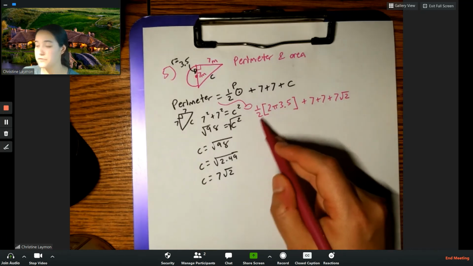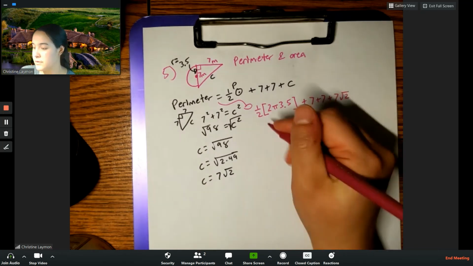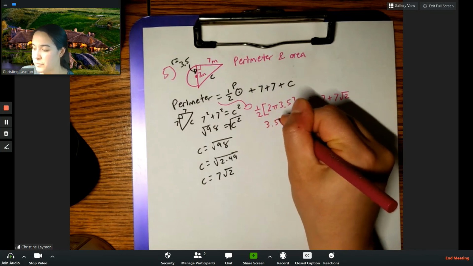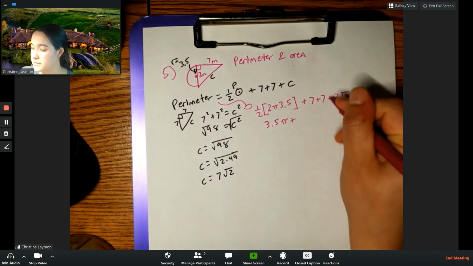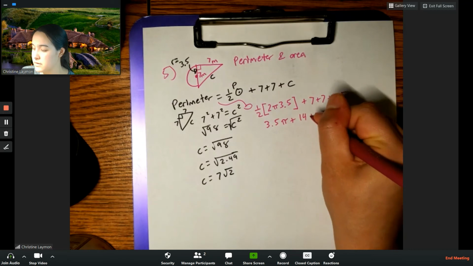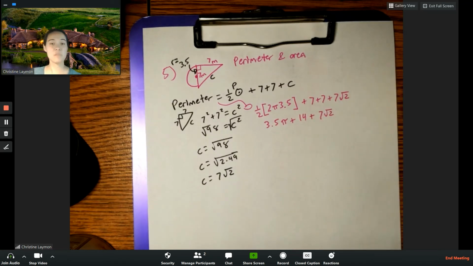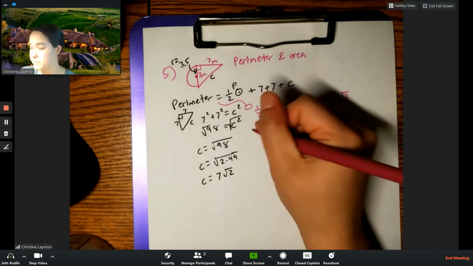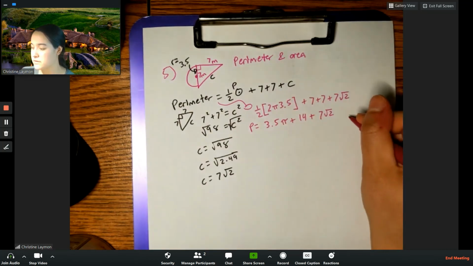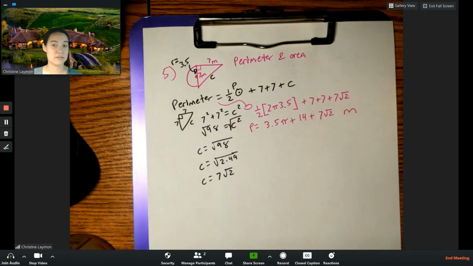Well, half of 2 is 1, so I'm left with 3.5 pi plus 14 plus 7 root 2. So that's going to be my perimeter. All of that stuff in meters.